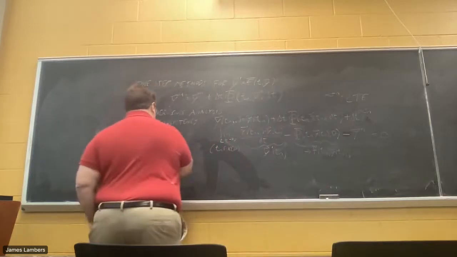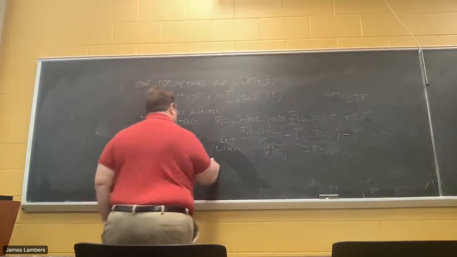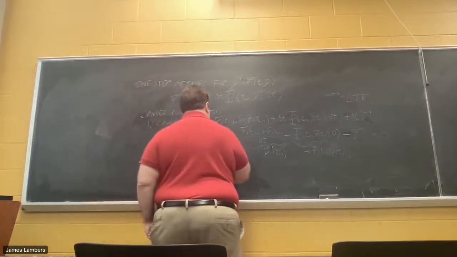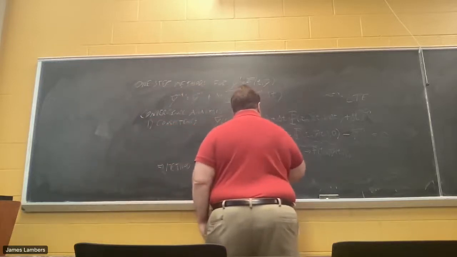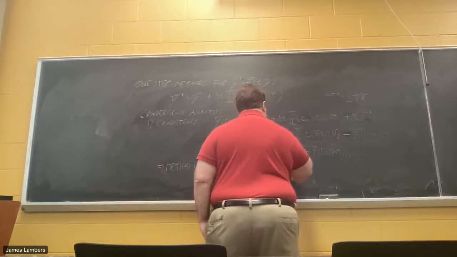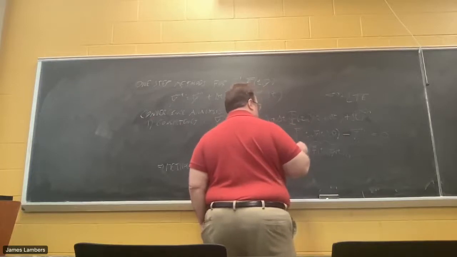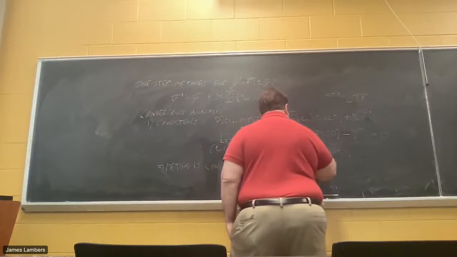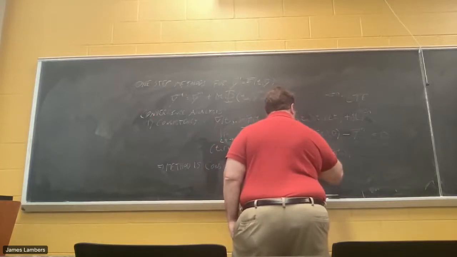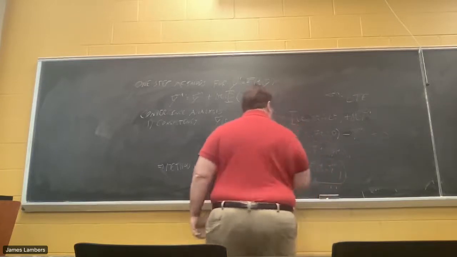So the conclusion is the method is consistent if and only if phi at t_n, y_n, 0, so the third parameter or time step set equal to 0, must reduce to f at t_n, y_n. So this is the condition for consistency.